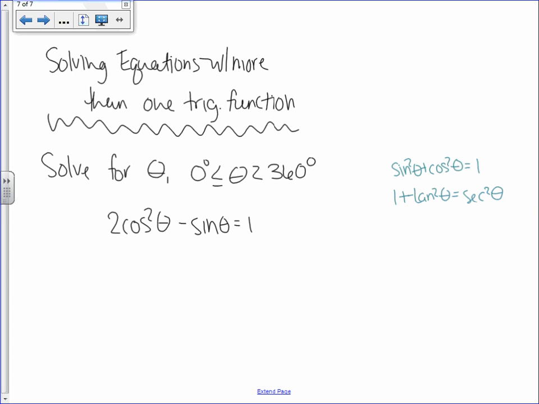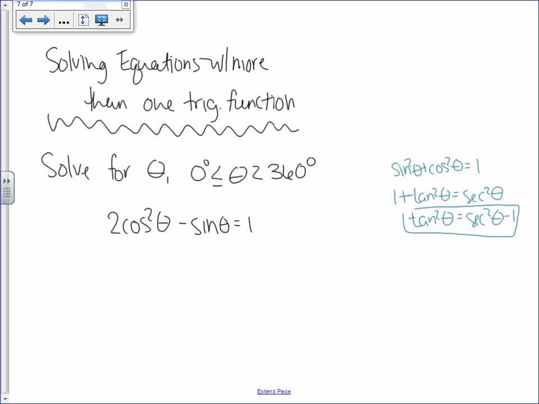This one's nice because it gives us a different way to write secant squared, but we could always subtract the 1, just like your CIS quizzes, and we get that tangent squared is equal to secant squared minus 1.